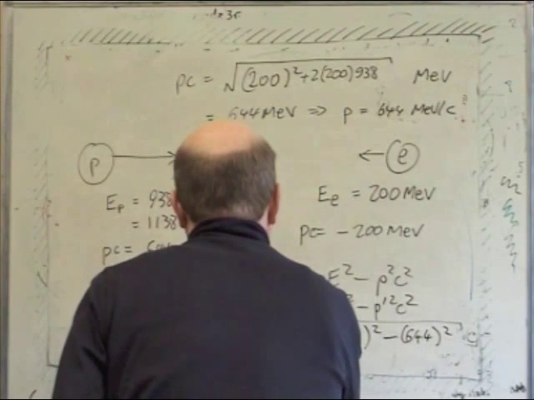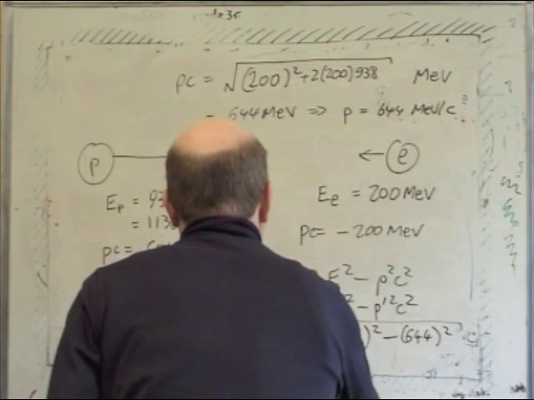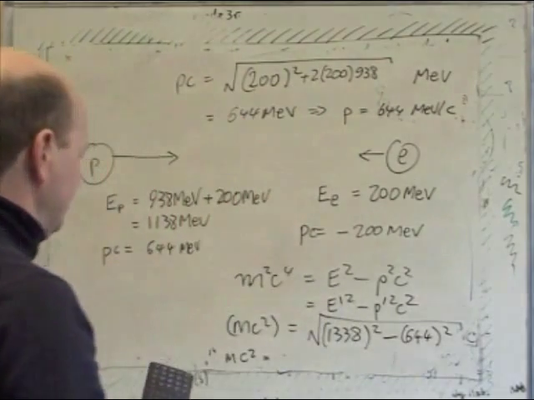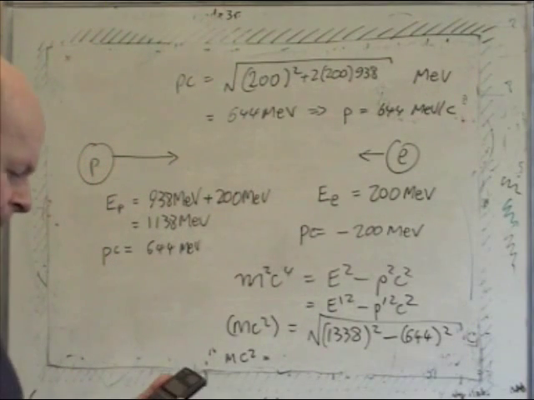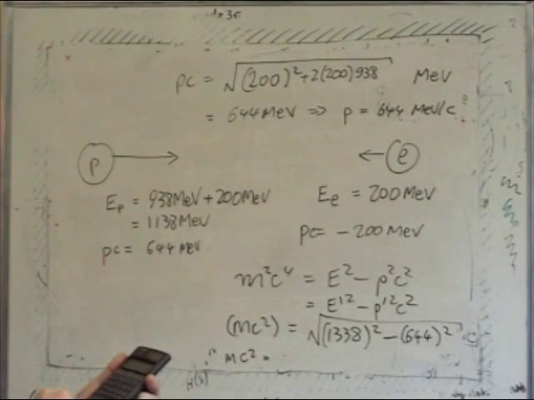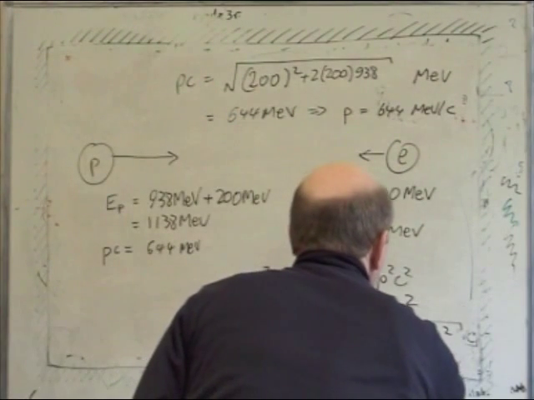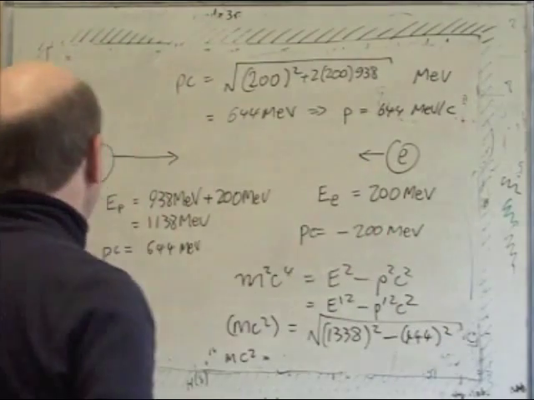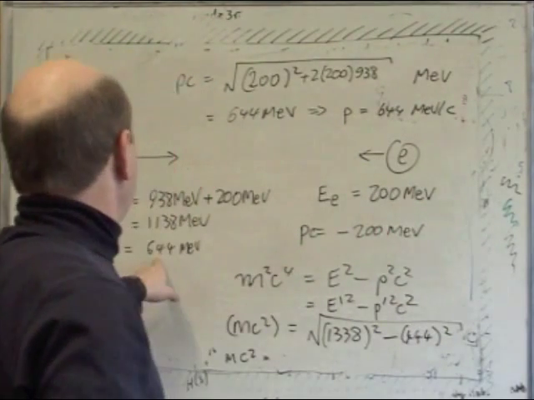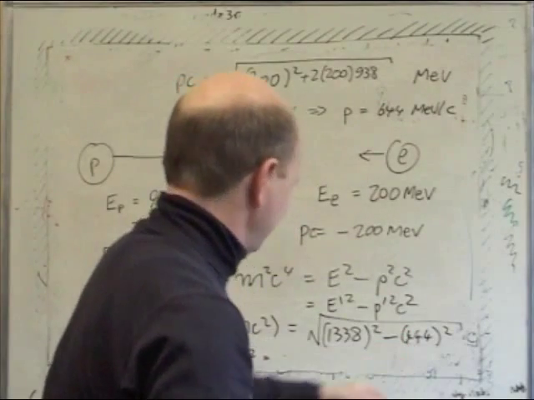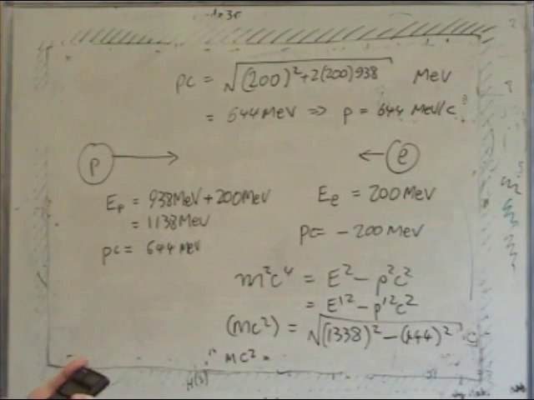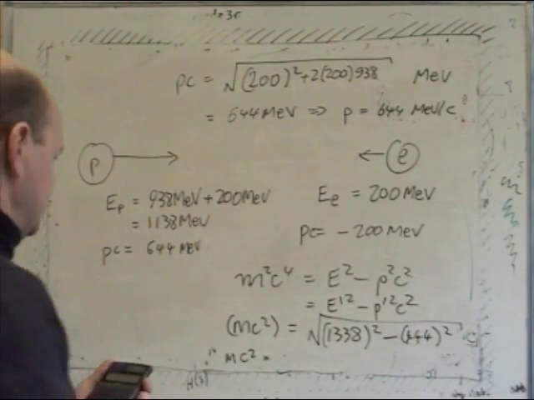So mc squared equals the square root of 1338 squared minus 644 squared. No, sorry, it's 444. Sorry. 444 squared, because you add up the momenta of the proton and the electron, you get 644 plus minus 200, which gives you 444, and you have to square it.